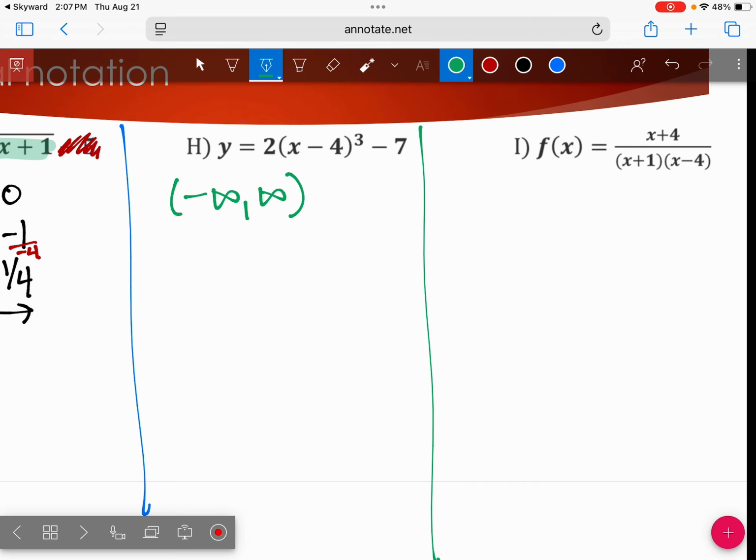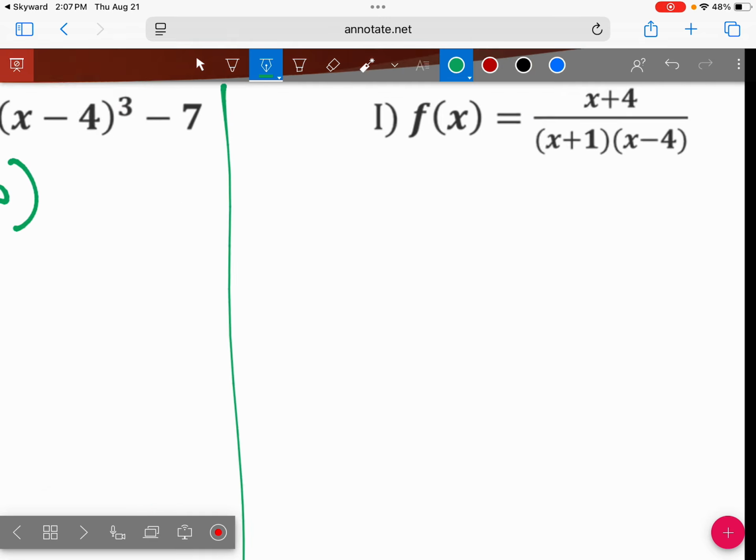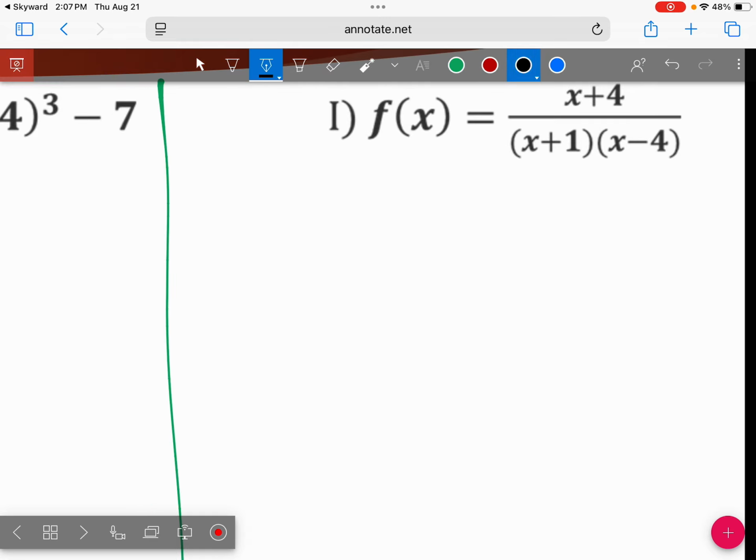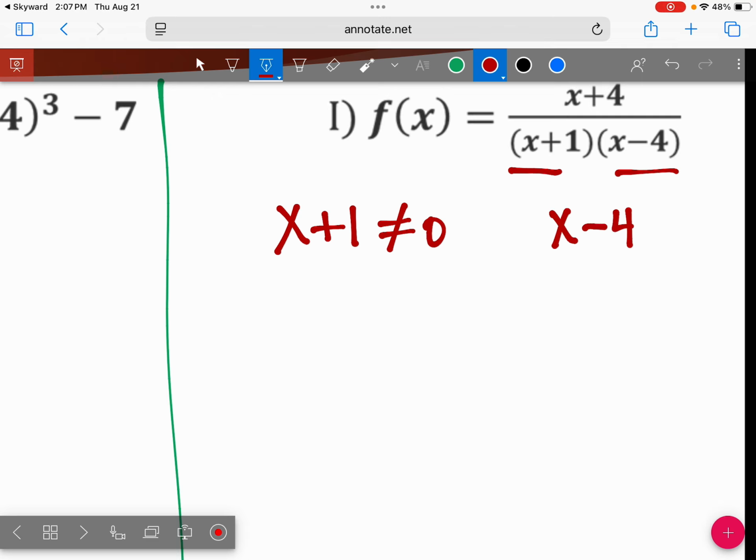But we're not canceling anything. So here, this tells me I have 2 different things that I need to take out. So I'm just going to set them. Remember that these cannot be 0. So go ahead and solve both of these to figure out what are the 2 numbers that x cannot be. There are 2 different numbers that x cannot be.